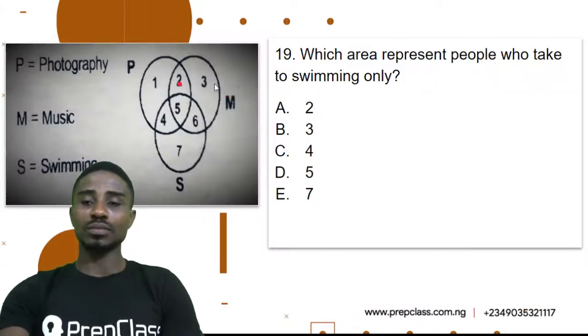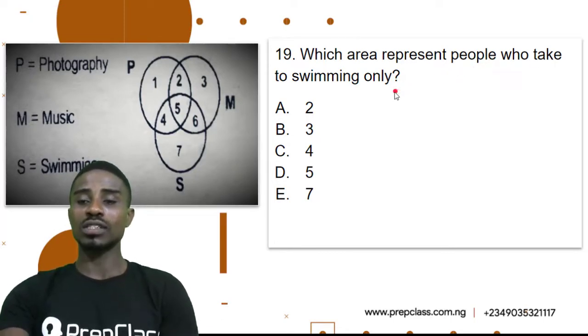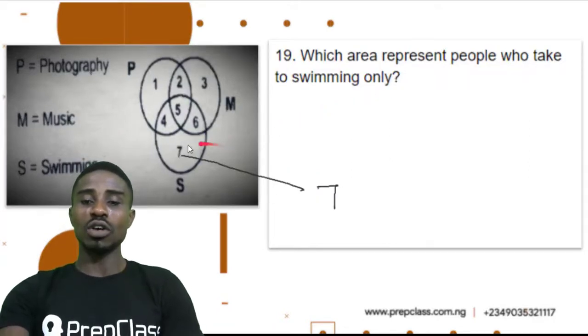Question 19. What area represents people who take to swimming only? This is how to get it solved. If you look, swimming only has nothing to do with any other. Only swimming is this area, which is 7.